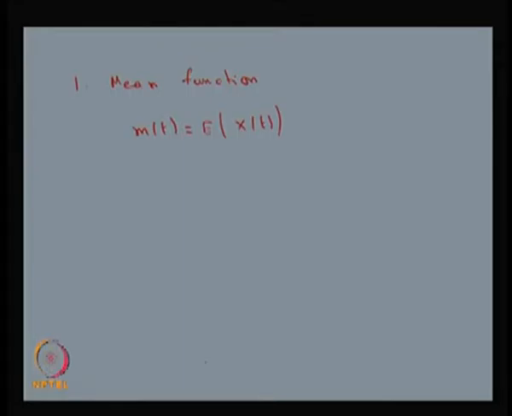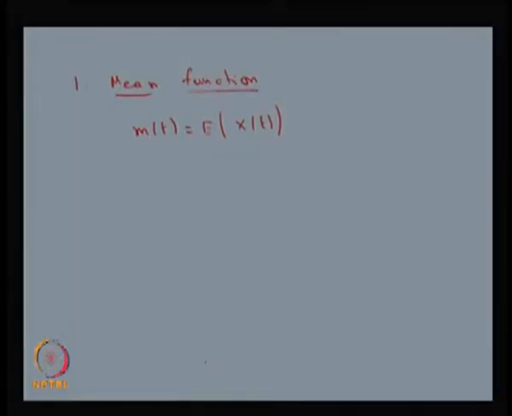Here the stochastic process is the collection of random variables X of t over t belonging to capital T, and you are defining the mean function as a function of t, that is the expectation of the random variable X of t. Sometimes this is going to be a function of t, sometimes it is going to be independent of t. According to whether it is a function of t or independent of t, we can classify the stochastic process later. So, this definition of the mean function is going to be very important.